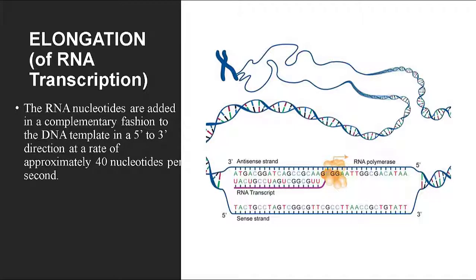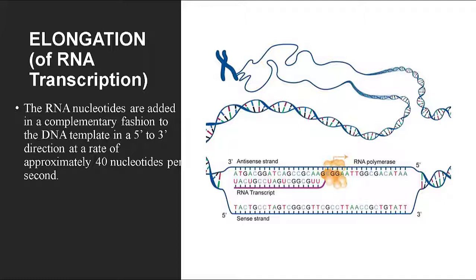The RNA nucleotides are added in a complementary fashion to the DNA template in the 5' to 3' direction. In the bacterial cell, this occurs relatively quickly, approximately at a speed of 40 nucleotides per second. And remember, the complementary base pairing rules are AU in RNA instead of AT.